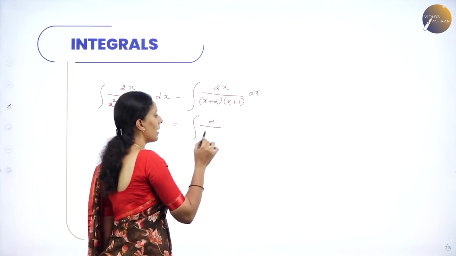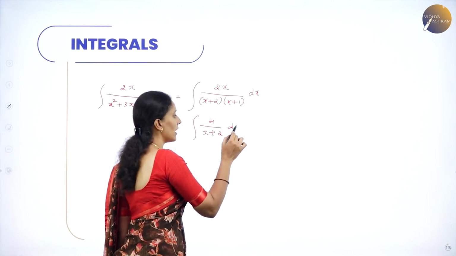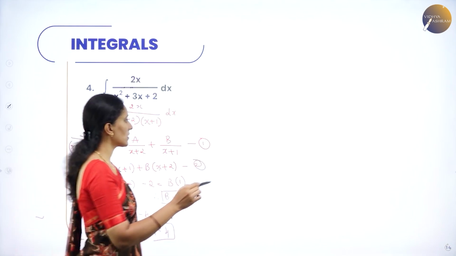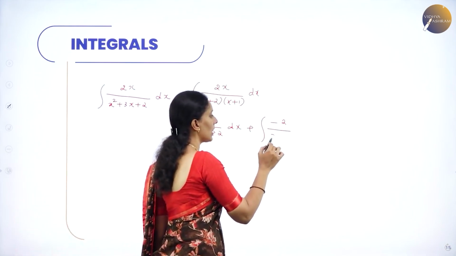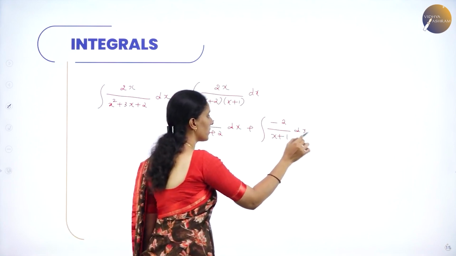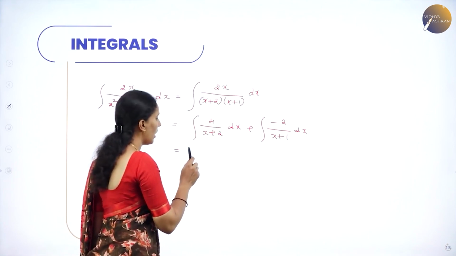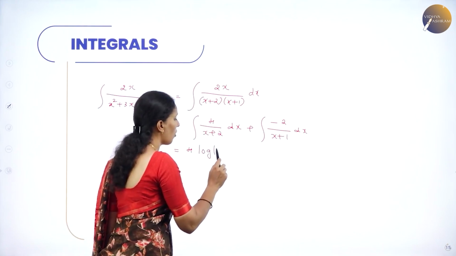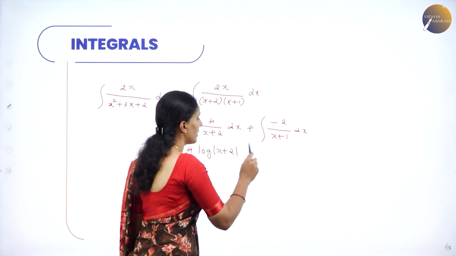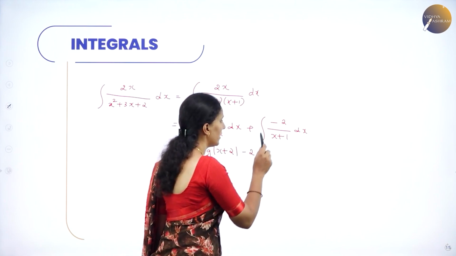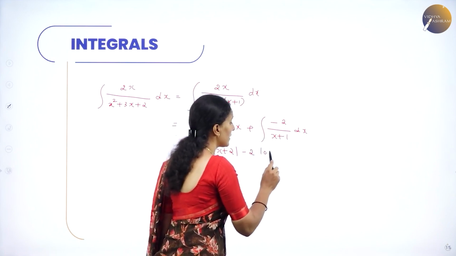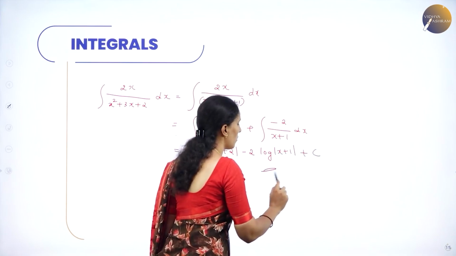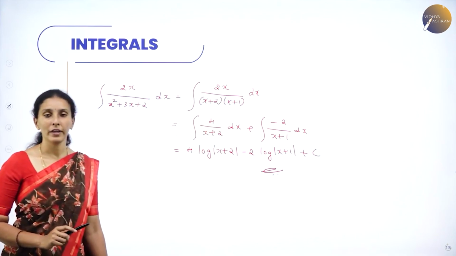So 4 divided by x plus 2 dx plus integral of b by x plus 1, which is minus 2 divided by x plus 1 dx. So take 4 as a constant outside the function. Integral of 1 over x plus 2 becomes log of x plus 2. And here take minus 2 constant outside. Integral of 1 over x plus 1 is log of x plus 1 plus the integration constant. So this is the given value of the integral.